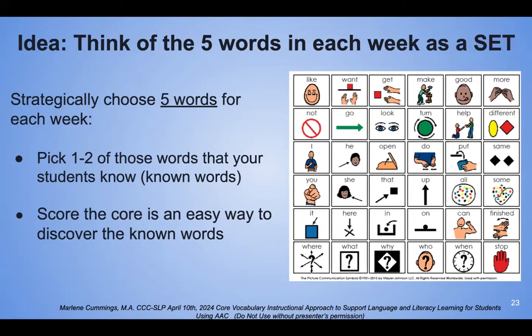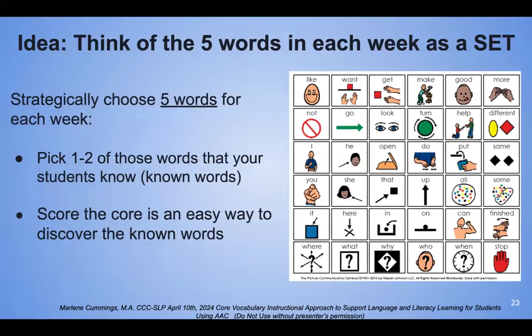You're going to pick 1 to 2 of these words that your student already knows. And you may figure this out by progress monitoring, by what you're sharing in the classroom. Some people do some mini videotapes and then take a look at them and check off the core words that were used.